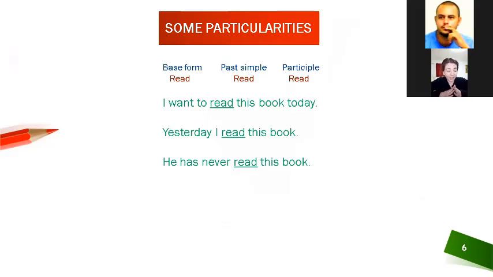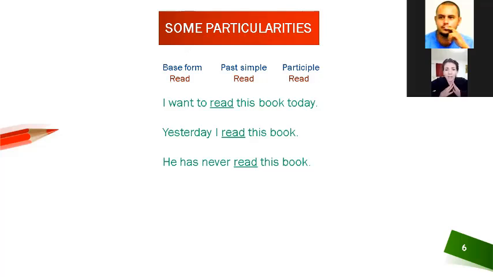Now, if you think that irregular verbs are odd, let me tell you that there are some more particularities about them. For example, with the verb read. Here we have the verb read. The base form is read, and then we have the past simple form that looks the same, right?